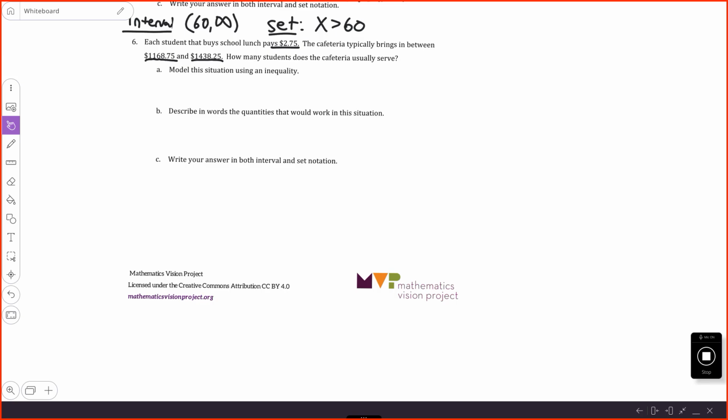How many students does the cafeteria usually serve? So it'll be 2.75x is less than 1,438.25, but has to be greater than 1,168.75. So this time we divide 2.75 into all three sides.